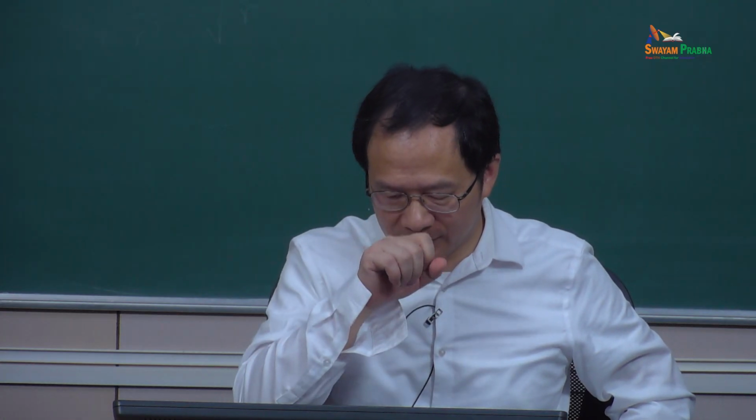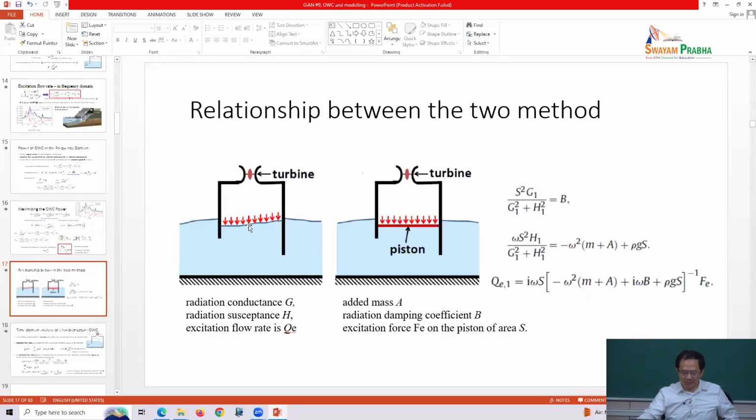So the overall efficiency, the wave-to-wire efficiency, you have to consider the energy. Let me take it back to this figure. I'll give you some comments. You go here, right? Some energy gets reflected back, and some energy goes to accumulate in the air chamber.